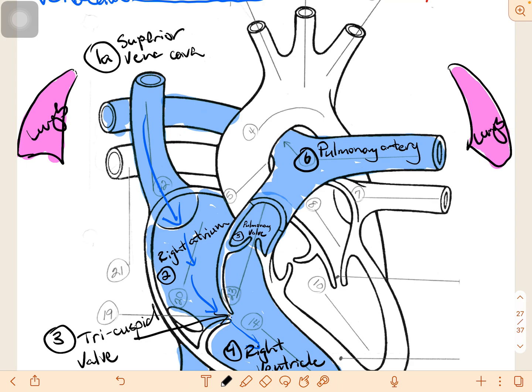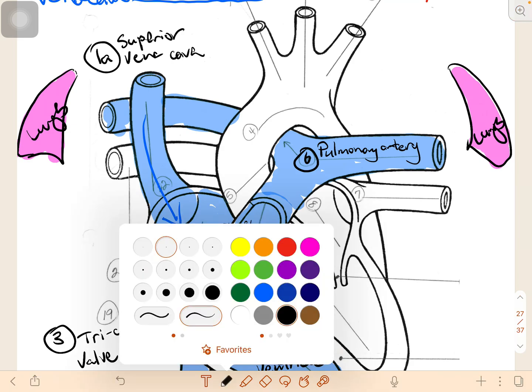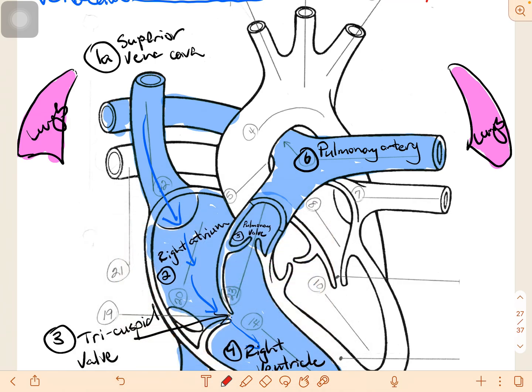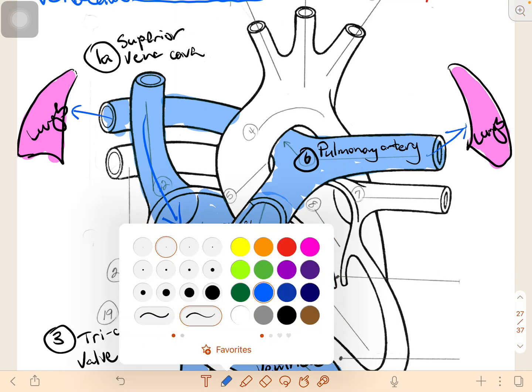Awesome. So now, once they reach the lungs, wrong color, because remember, when they go to the lungs, it's still deoxygenated. So this blood is still blue.